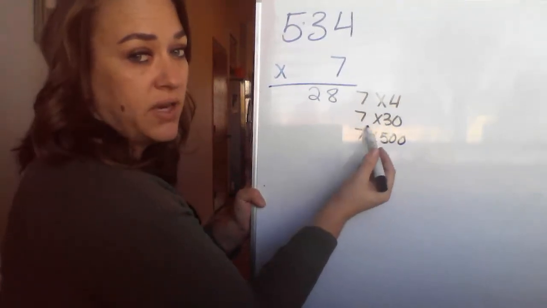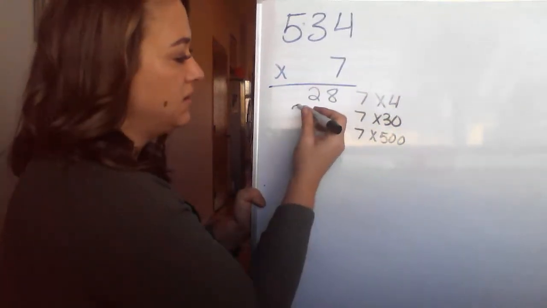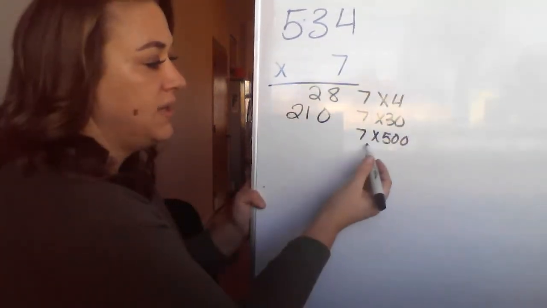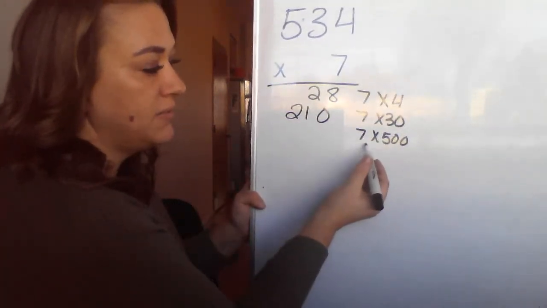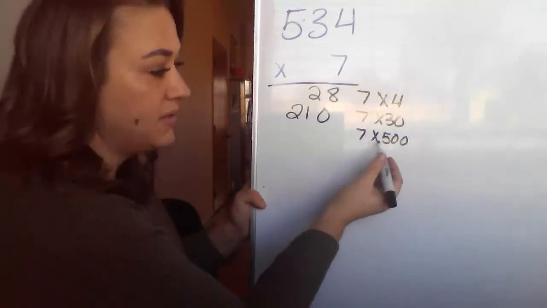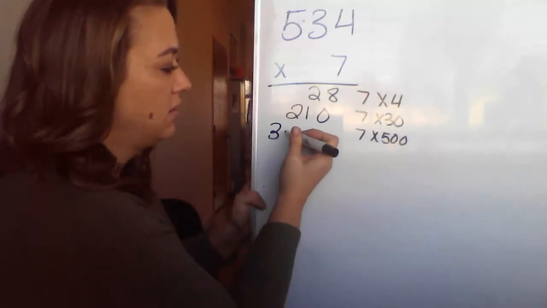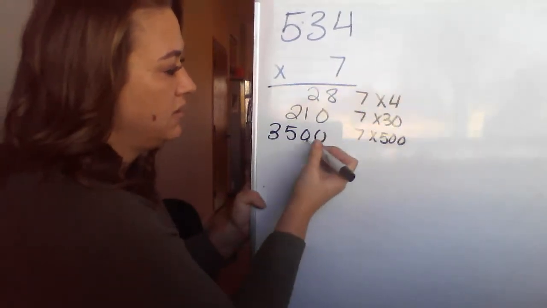So if I add that 0 on it, 7 times 30 is going to give me 210. 7 times 5 is 35. So 7 times 500 is going to be 3,500.